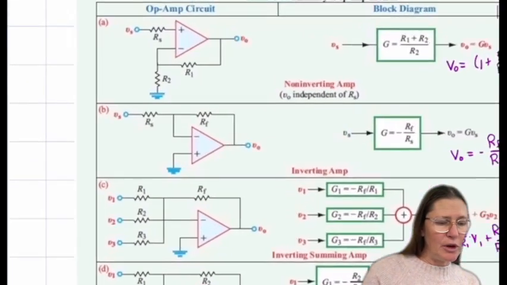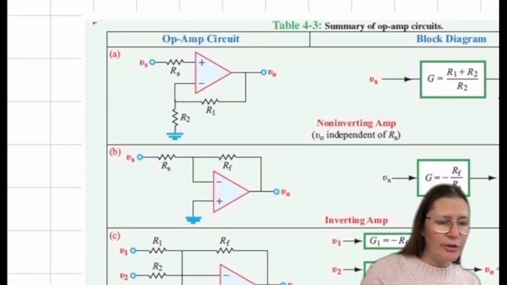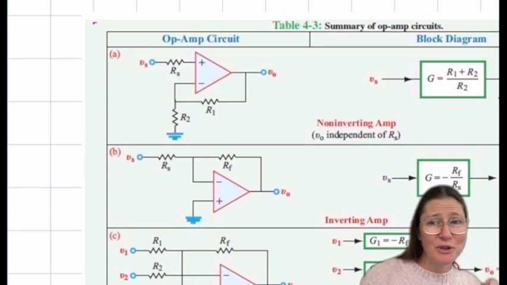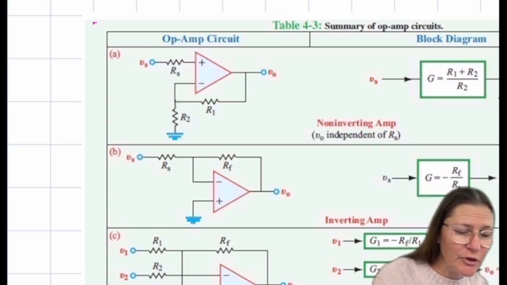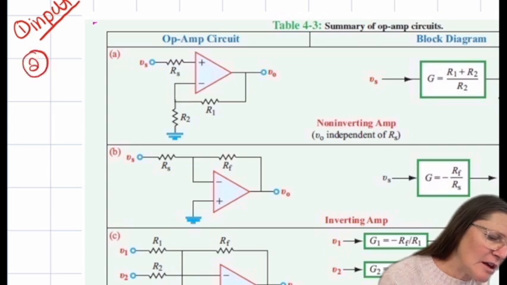All right, so the first thing is identifying op-amp circuits. How do you know which configuration you have? You have to look at the input source as the main part. So first look at the input, and then see if there's feedback or no feedback.